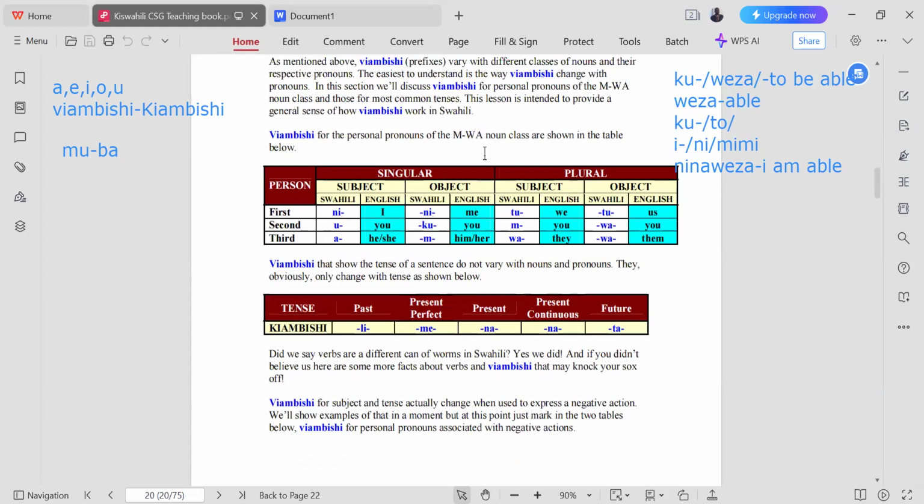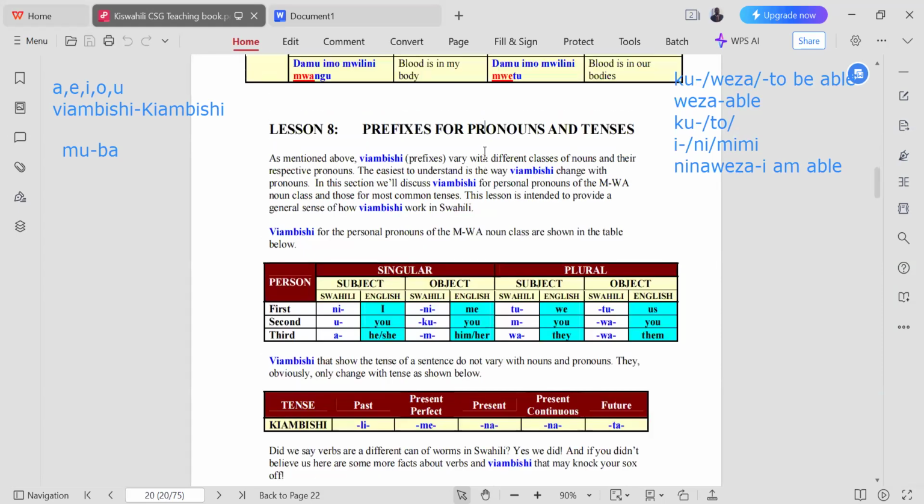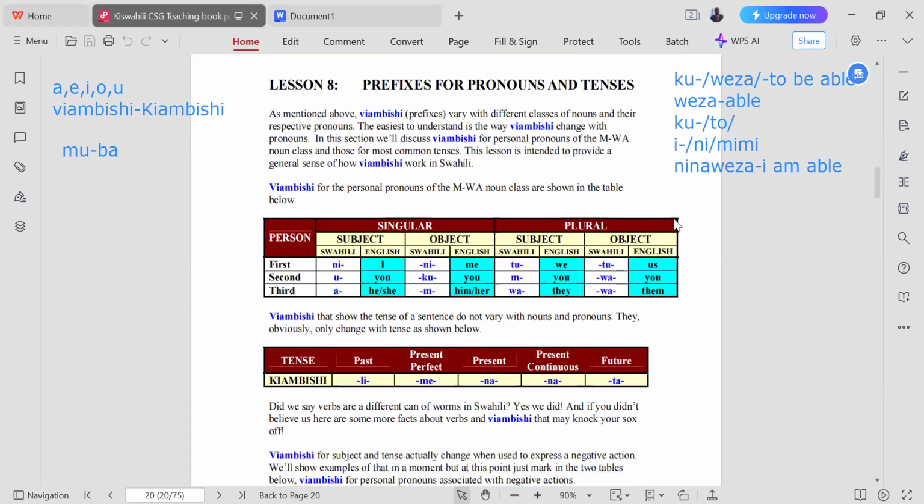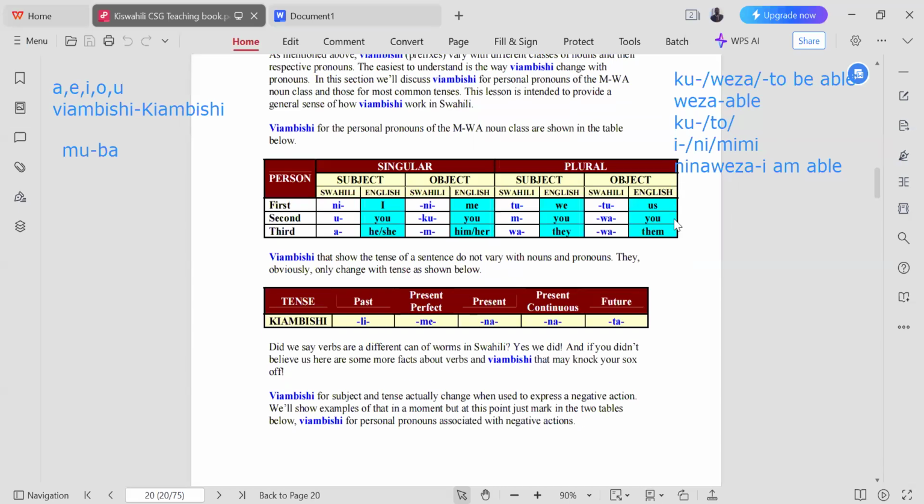These are the prefixes here. Let's check them on my screen, and I'll explain what I want to here.